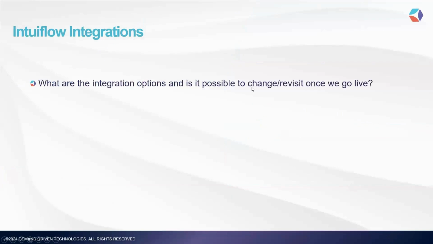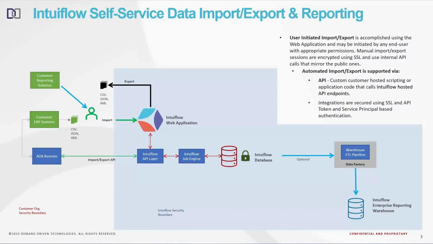Okay, thanks. All right, so Dan, what are the integration options? And is it possible to change or revisit them when we go live? So we have 4 different options that we use, and I'm going to answer that changing question 2 ways.